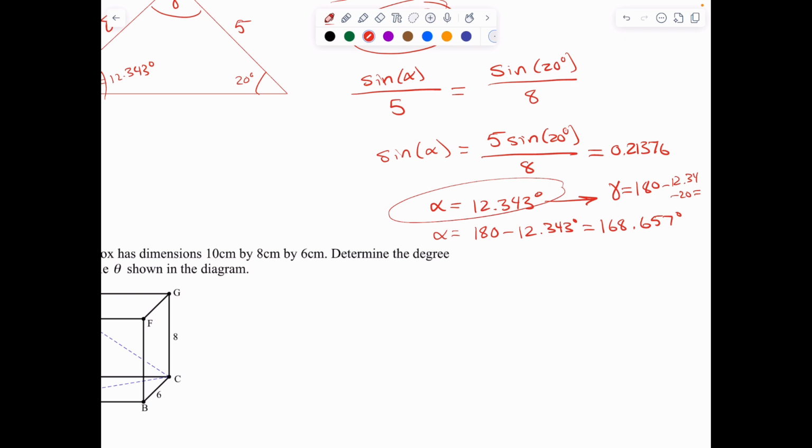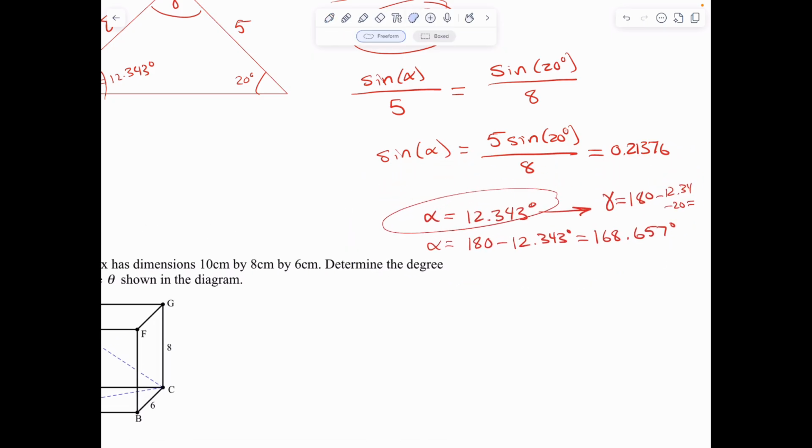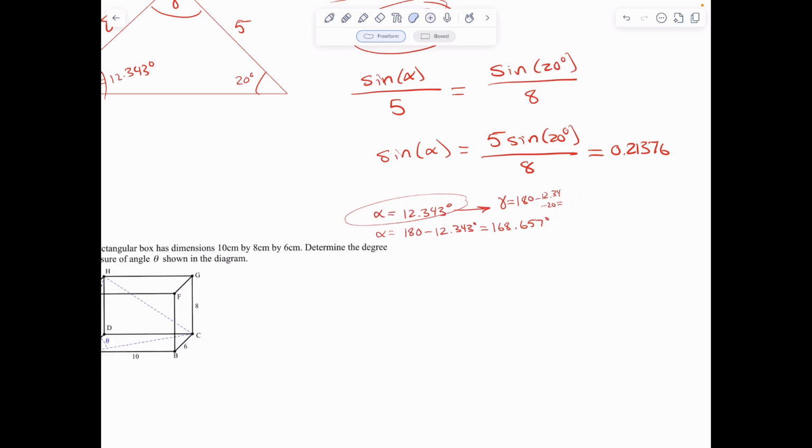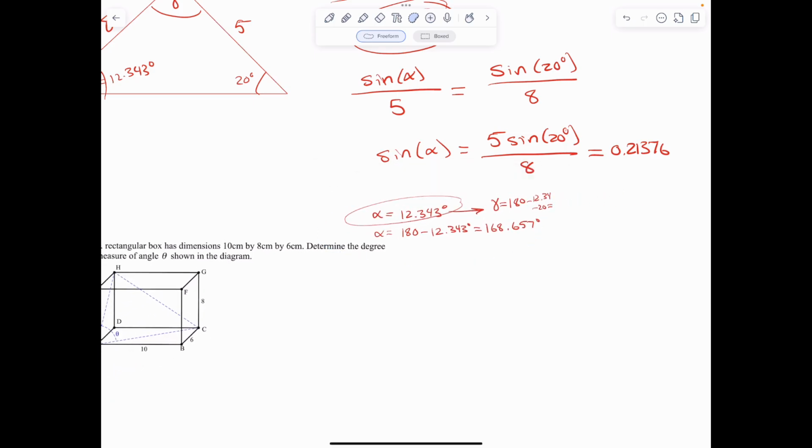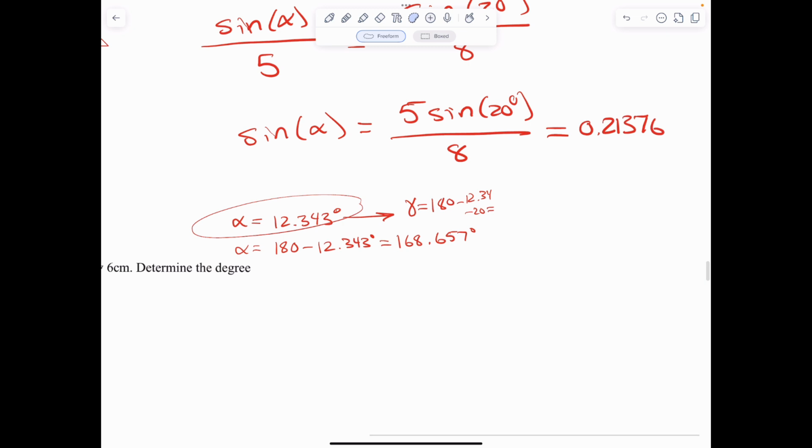Let me go ahead and do that for you. 180 minus 12.34 minus 20. So I've got 147.6.